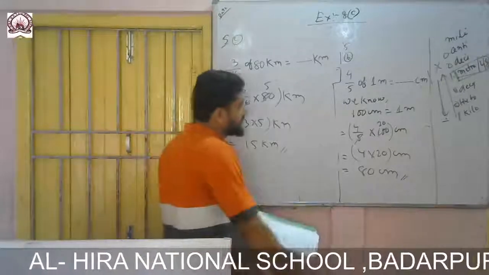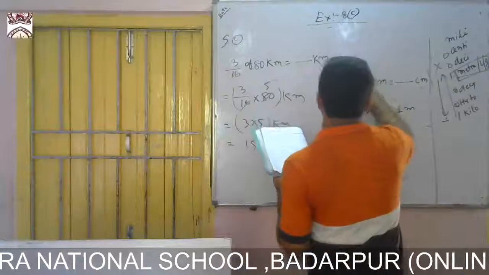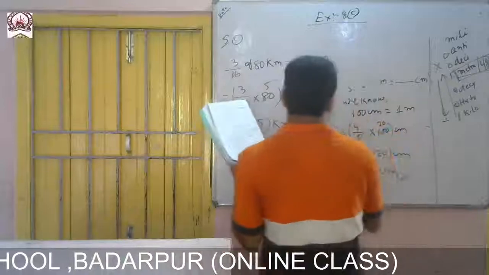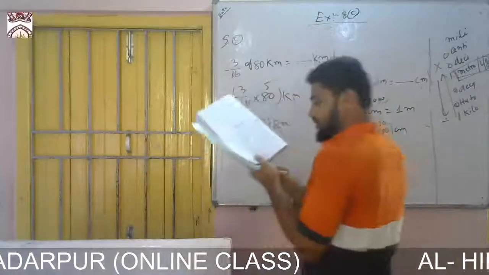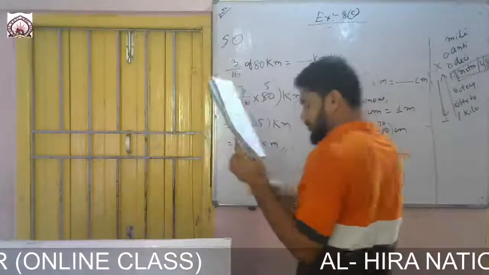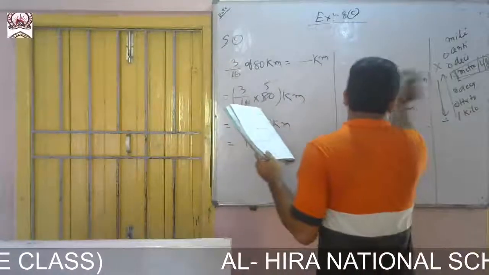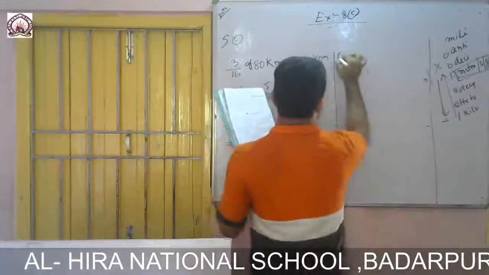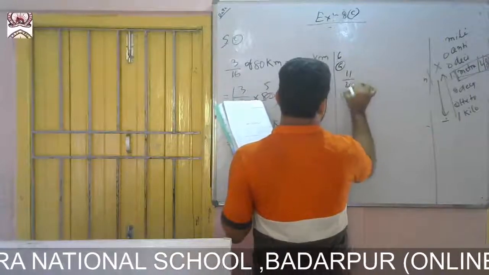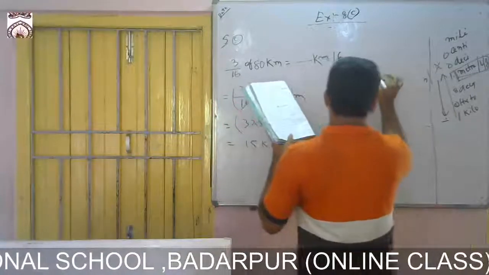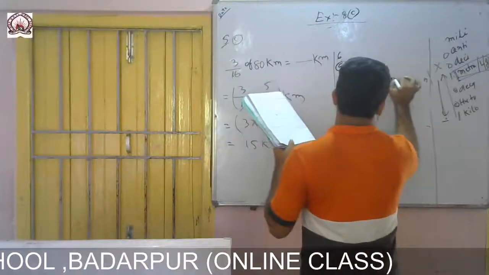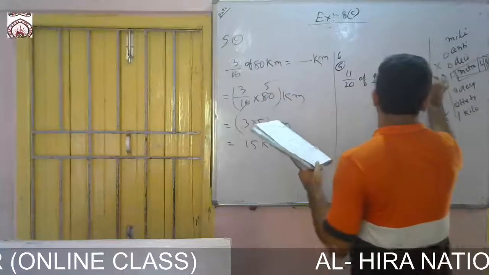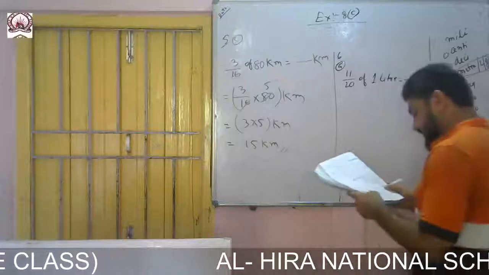So write 11 by 20 of 1 liter, equals to how much milliliter?